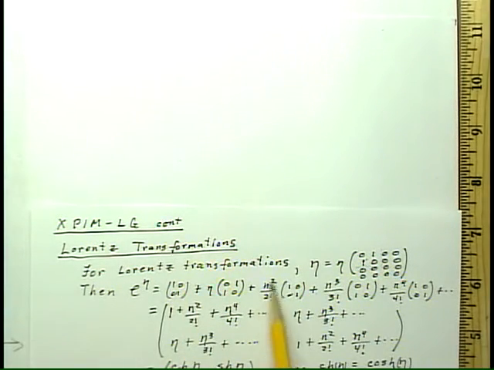So we have a 1 plus eta squared over 2 factorial times plus 1 plus eta to the 4th over 4 factorial, and we have that on both the upper and the lower piece of the diagonal here. So we get a 1 plus eta squared over 2 factorial here, here, and then for the odd terms, we get eta and eta. There's the eta and the eta right there. An eta cubed over 3 factorial here and here. And likewise, this continues on.